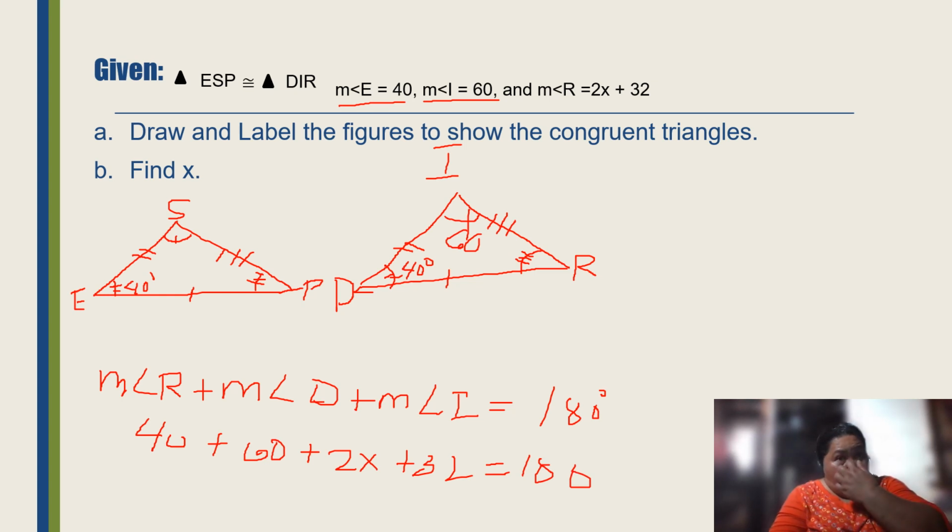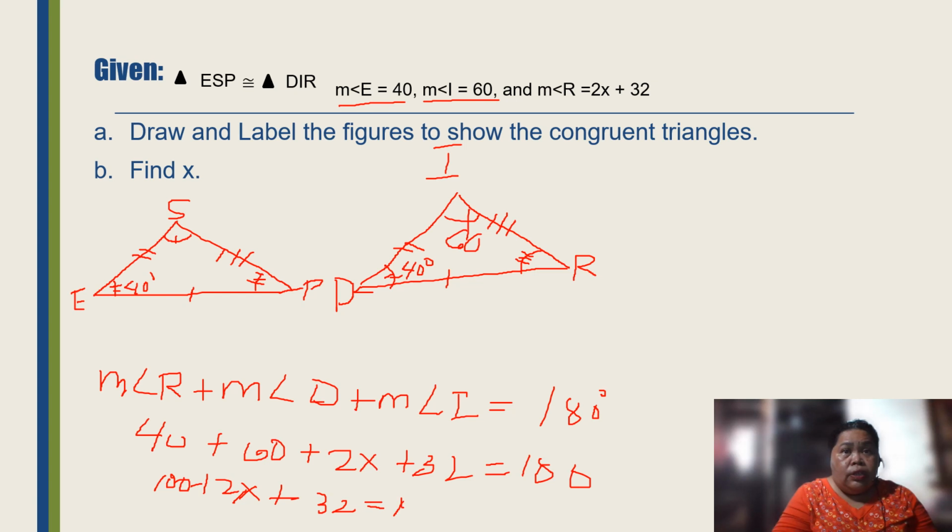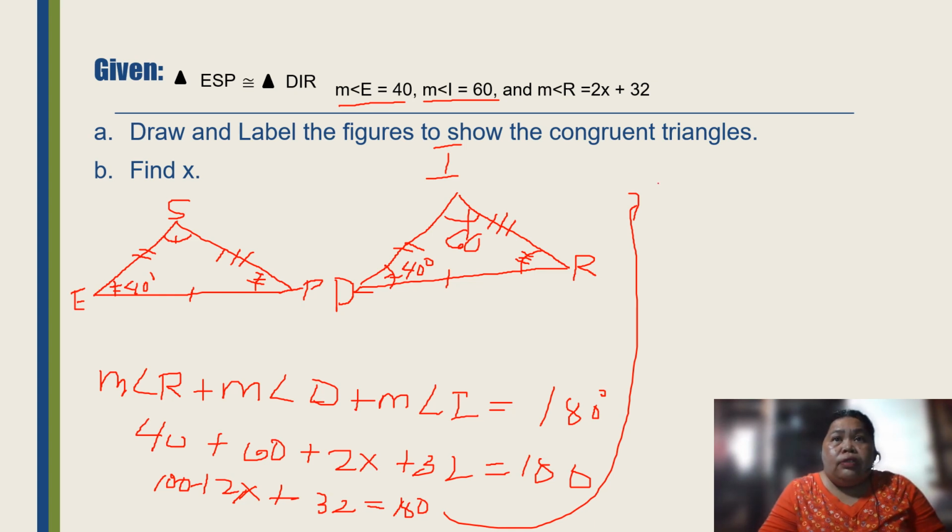So we have 100 plus 2x plus 32 equals 180. If we move it here, that means 2x plus 132 equals 180.